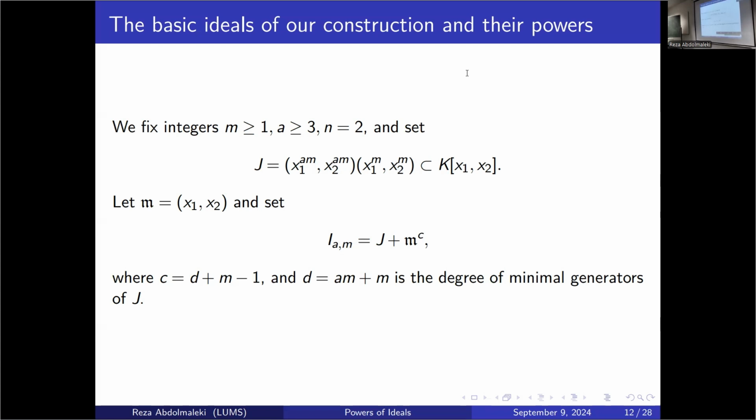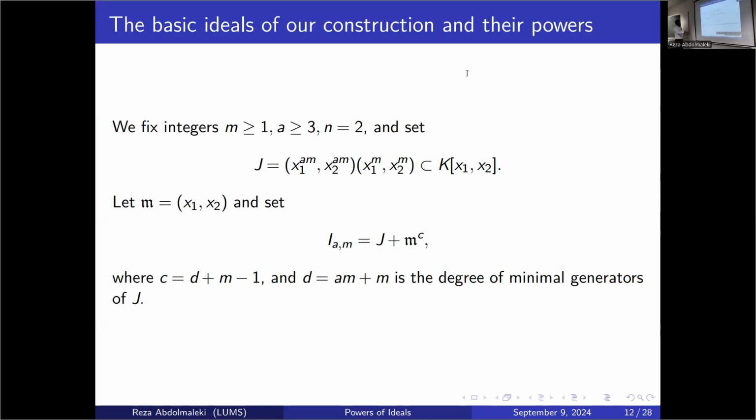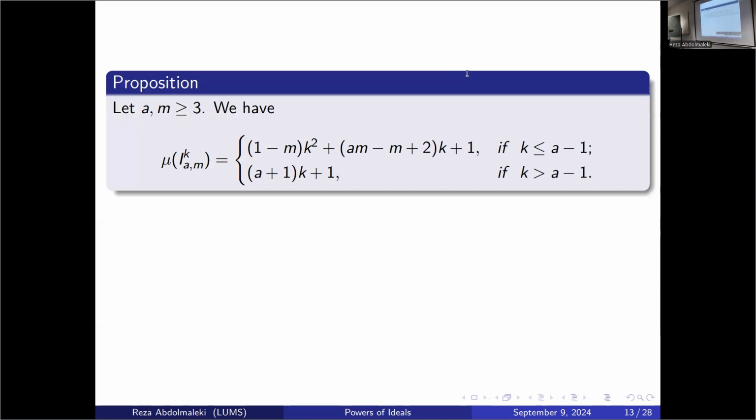Now, we have this proposition. Mu of I^k for the powers less than or equal to a minus 1 is this expression, which is a parabola. And after this point it is just a line. It's a linear function, and will be strictly increasing, right? But this is a parabola.